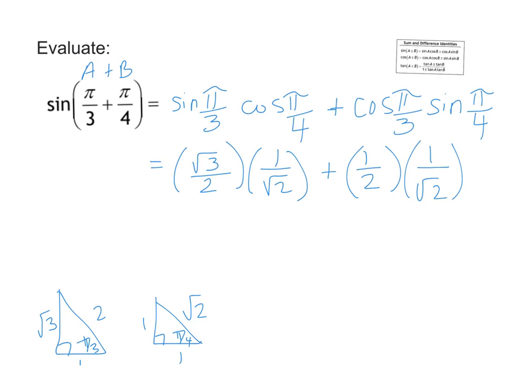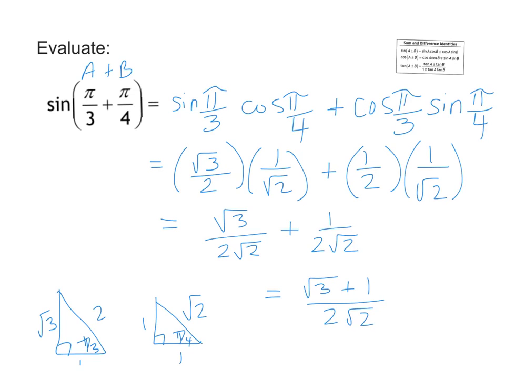So root 3 over 2 times 1 over root 2, which becomes root 3 over 2 root 2. And then plus 1 over 2 root 2. So just multiplying numerator by numerator, denominator by denominator. And they have the same denominator, so I should be able to add those together. This is going to be root 3 plus 1 over 2 root 2.